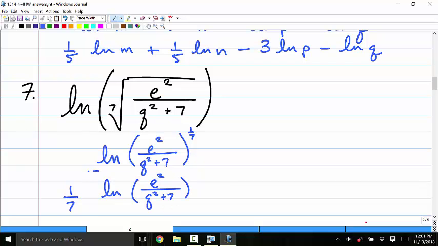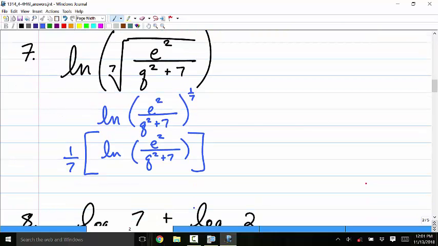Okay, how am I going to write this? I'm going to write it as 1/7 ln of e squared, very good, minus ln of q squared plus 7.